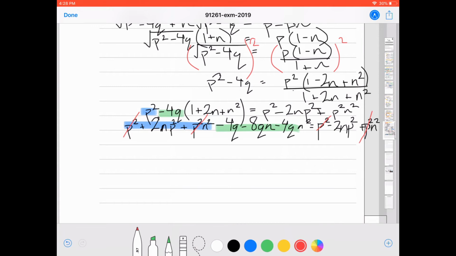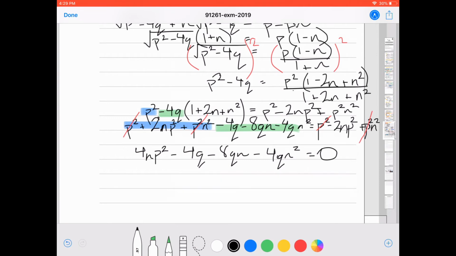They've got different operations on different sides of the equal sign, so they don't cancel, but we can collect like terms. So 2np squared plus 2np squared, bringing it all to the left, we've got 4np squared. And I think we just write everything else out. 4q minus 4q, that is, minus 8qn minus 4qn squared, and I'm hoping that our simplifying is correct here.